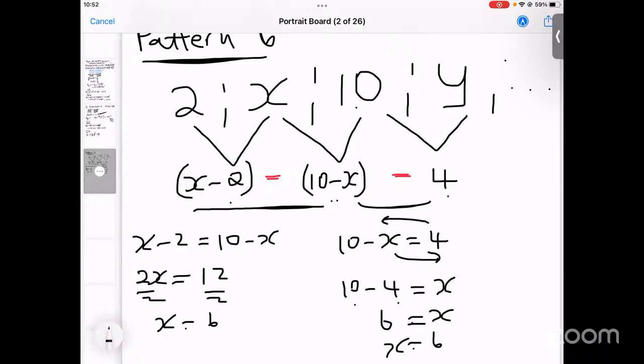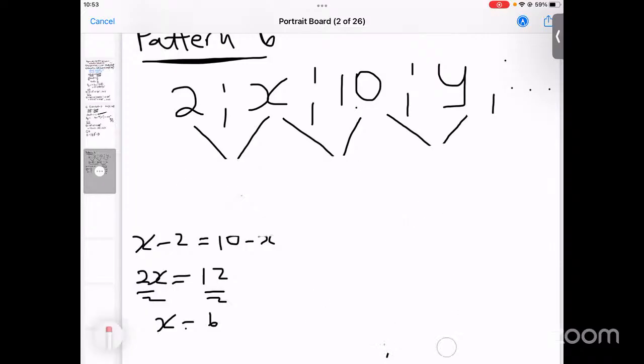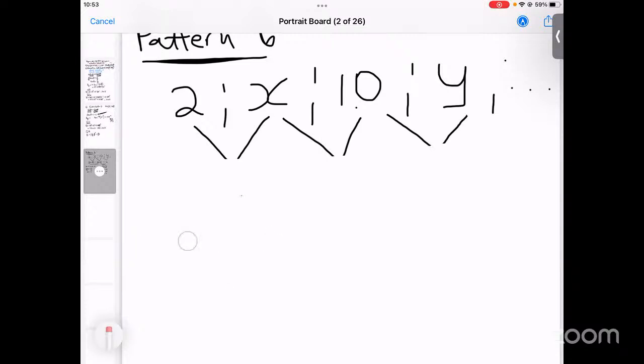And then the question will say, solve for x and y. Something of this nature. Then, let's see how you would have to go about it if it is given to you like that.